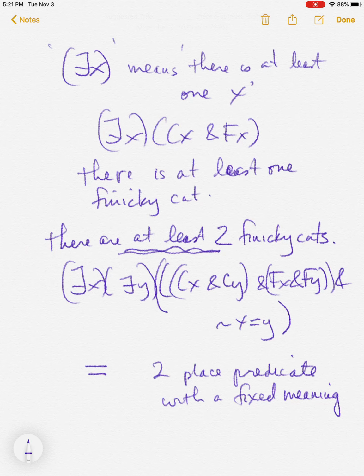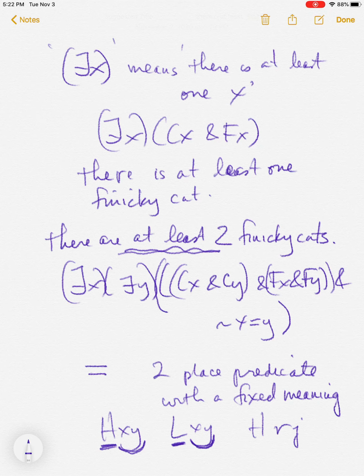But in terms of the syntax, all of our other two-place predicates, like Hxy, Lxy, or whatever, we put in front of the two individual terms, right?